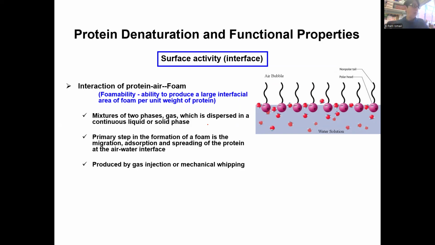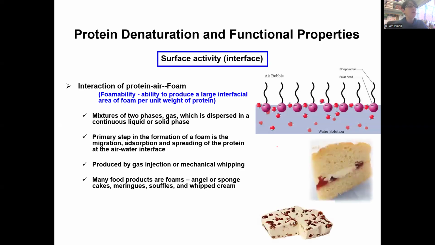So the dispersed phase is our air bubble, the gas phase, and the continuous phase is either liquid or solid. We have the protein going through different steps to form a film around the air bubble, and it happens by mechanical whipping or injection of the air or gas.